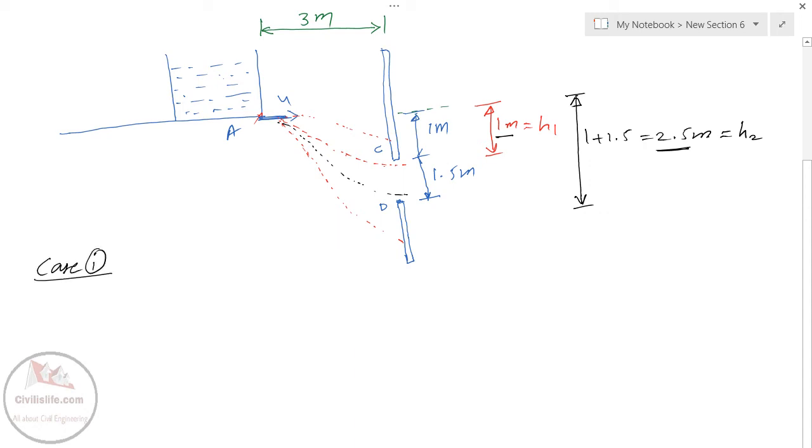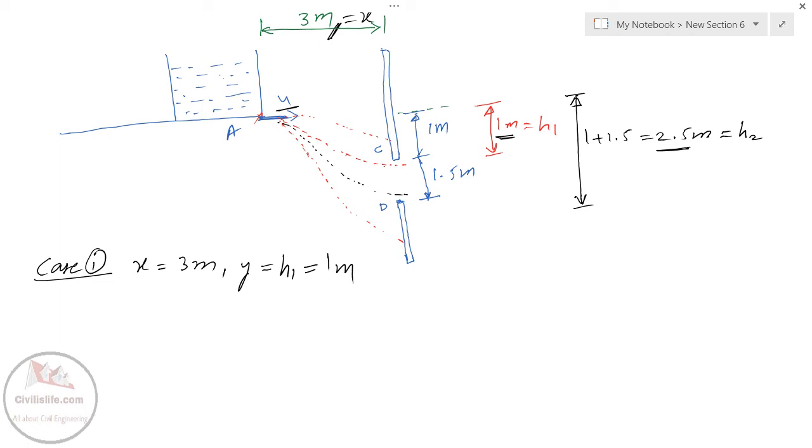Case 1 is where x is 3 meter, it is given here. Both for case 1 and case 2, x is 3 meter, and y is h1, which is given here as 1 meter. I have to find the velocity so that the water enters the opening CD.